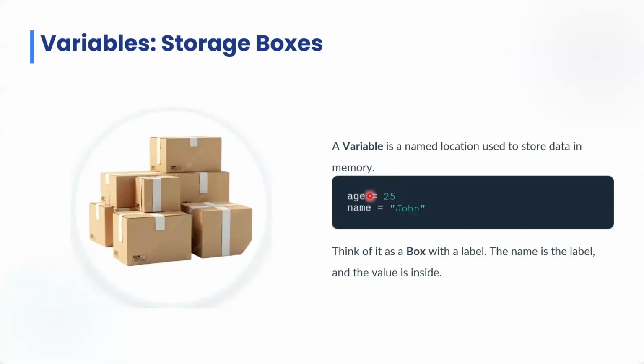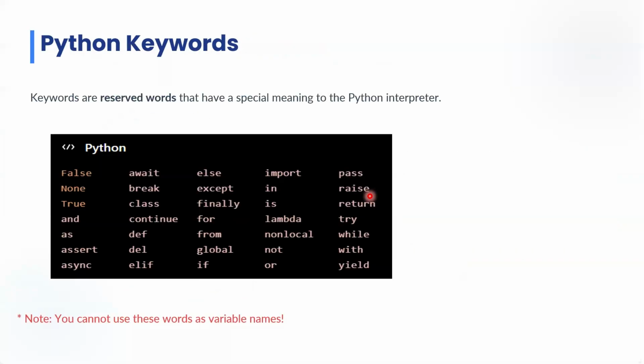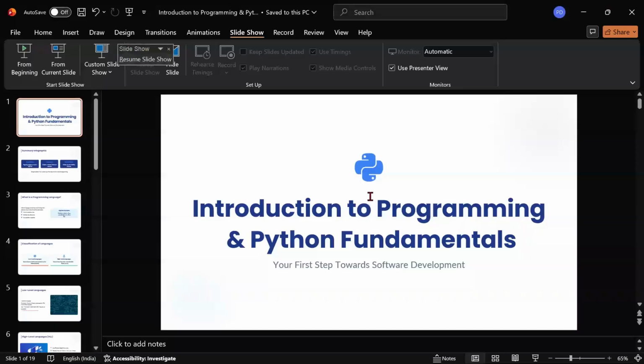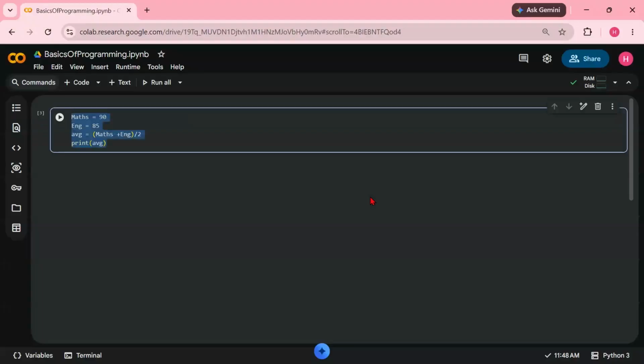So let's go ahead. These are some Python keywords, but before going to keywords, I will show you what an identifier is. When we are talking about this maths, maths is basically a subject, and the name of the subject is maths. Let's take a human being as an example.